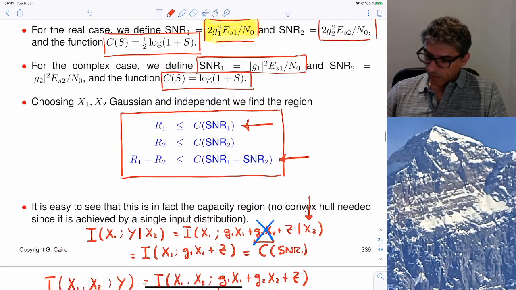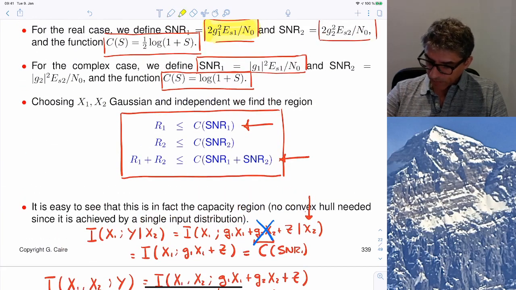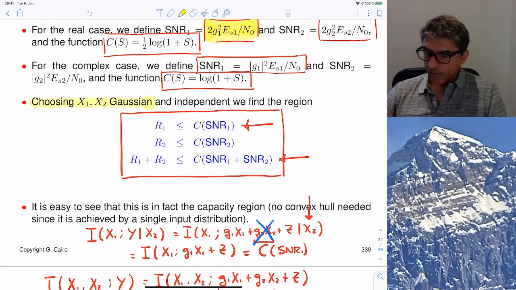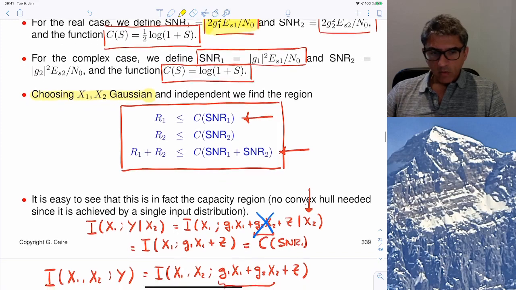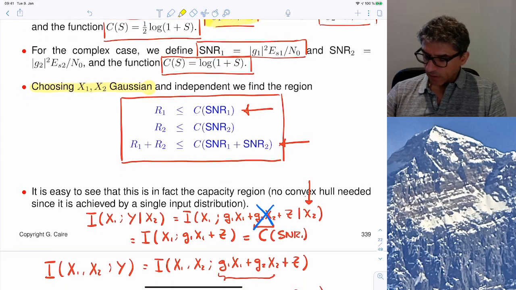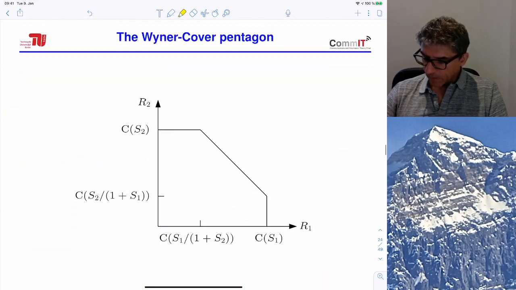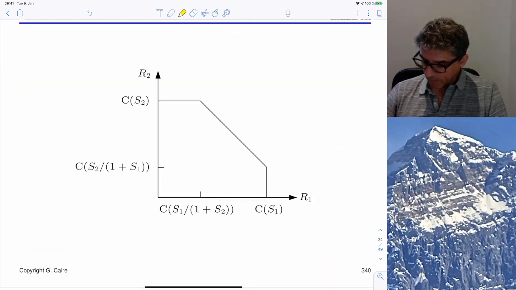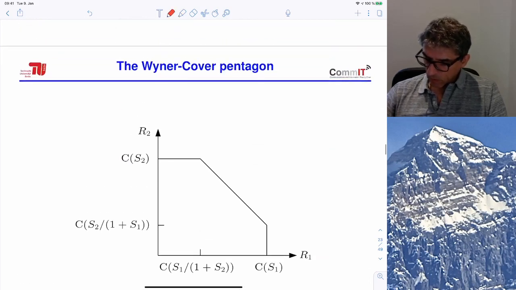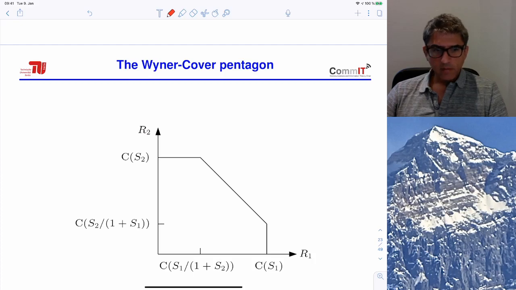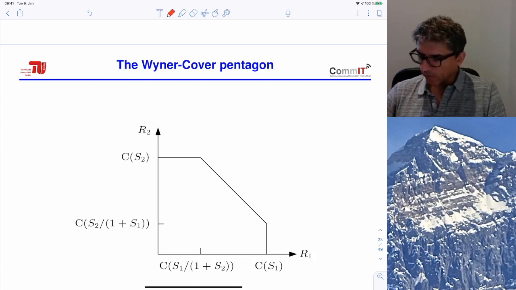So this means that choosing x1, x2 to be independent Gaussian, we find this region. And this region is achievable. So the region is represented like this. And this was presented by Wiener and Cover, so it goes under the name of Wiener-Cover pentagon.